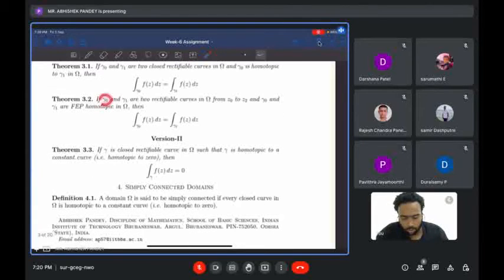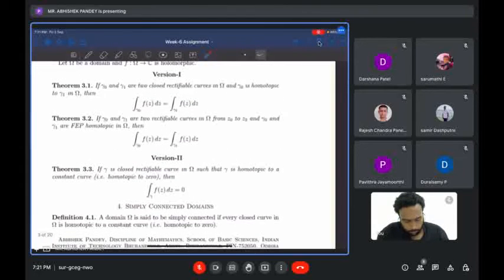And if gamma naught and gamma 1 are two rectifiable curves in omega from z0 to z1, so this is your gamma 1 and this is your gamma 2, this is your z0 and z1, and gamma naught and gamma 1 are fixed endpoint homotopic in omega, then these two integrals are the same. Now version 2: suppose you have a closed rectifiable curve in omega such that gamma is homotopic to a constant curve.